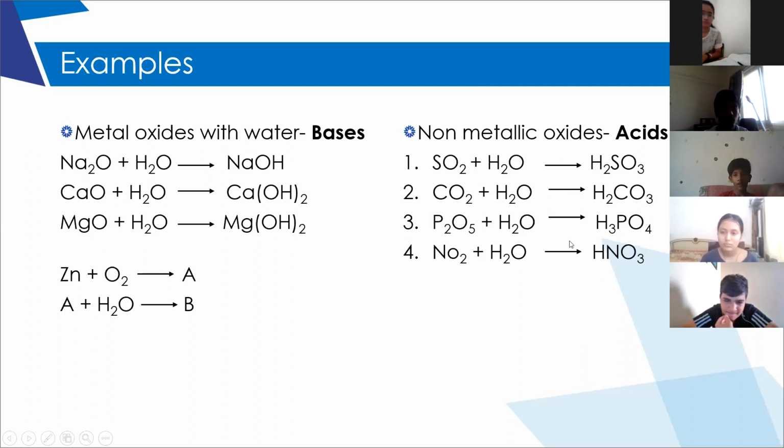Are you all able to follow? So non-metallic oxides, when reacted with water, give acids. Okay. Now, coming to metallic oxides, when reacted with water, they will give bases, that is hydroxides.